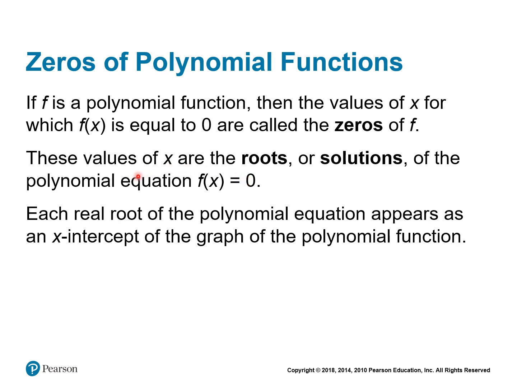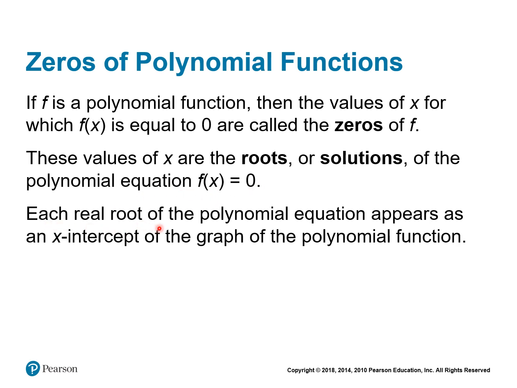We will be doing the same thing here, all right? And these are some terminologies. We call it zeros, the specific x values where y equals 0, also called the roots or solutions of the polynomial equation.